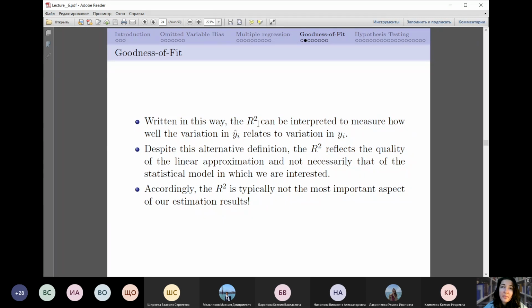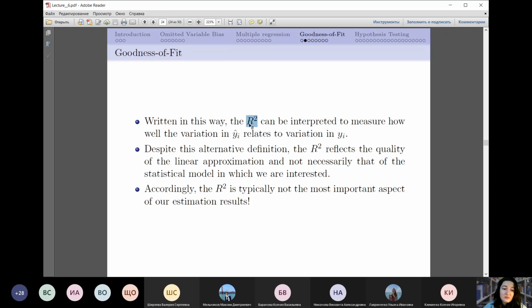And also you should remember that you can't choose a set of explanatory variables based on the size of R squared or adjusted R squared, because in this case it can lead to nonsensical models. For example, you have seen several regressions that had pretty small R squared.